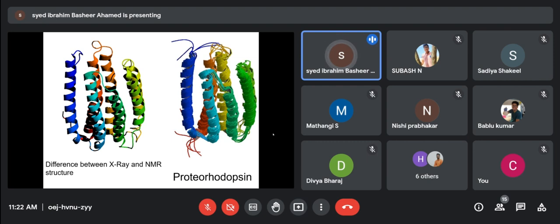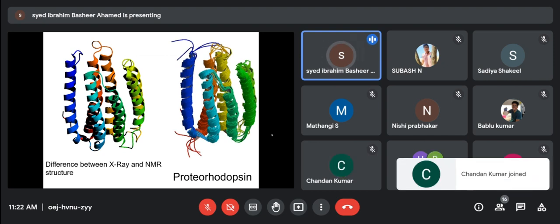You are crystallizing the protein or nucleic acid, whatever macromolecule. In the crystal, your protein is in nearly zero movement. Listen carefully, it is nearly, not completely zero movement. You are taking an image of an object which is not moving.